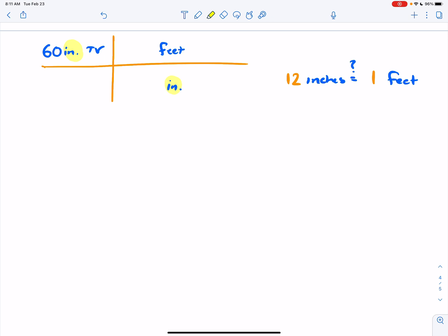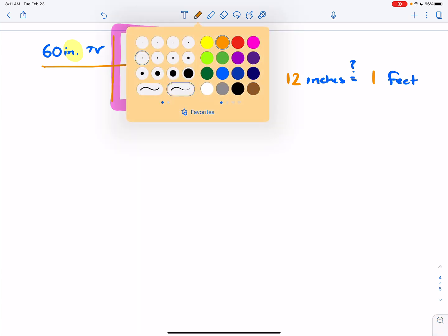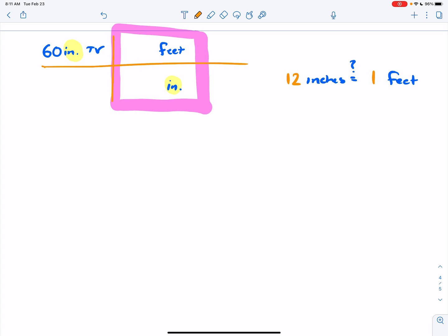Okay? So now, just looking at this section alone, what do you guys know about feet and inches? So there are two options here. Is it 12 feet makes 1 inch? Or is it 1 foot makes 12 inches? Think about where things would go and where it would make sense, okay?